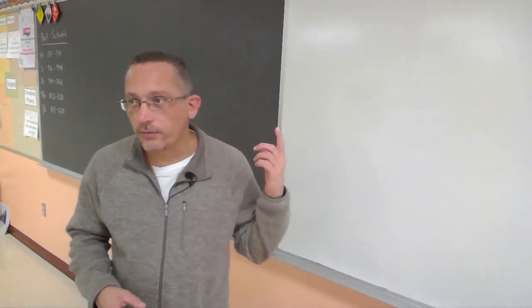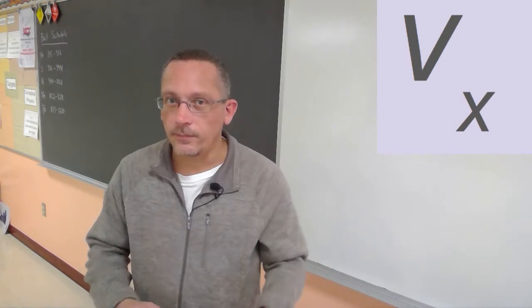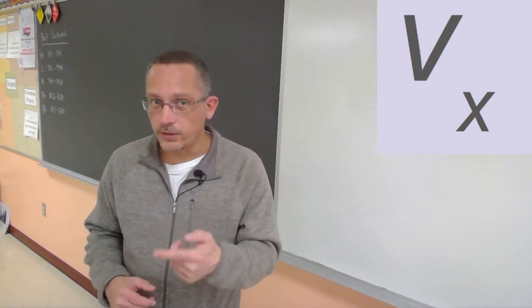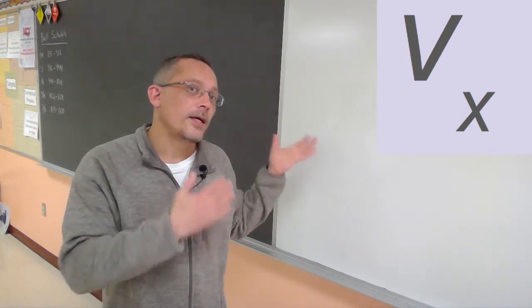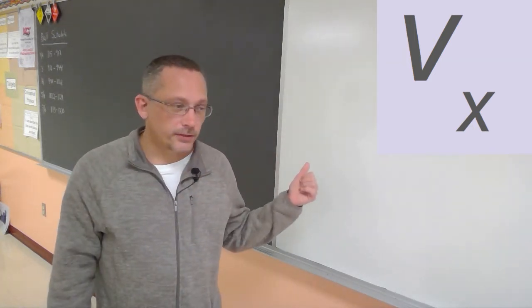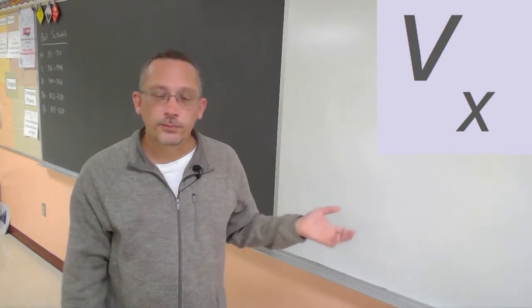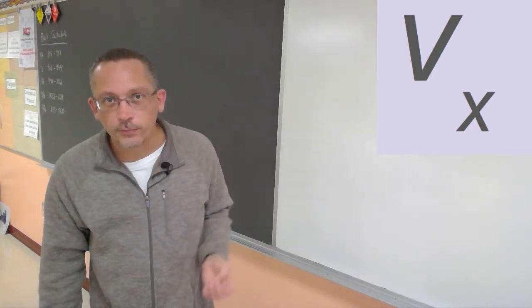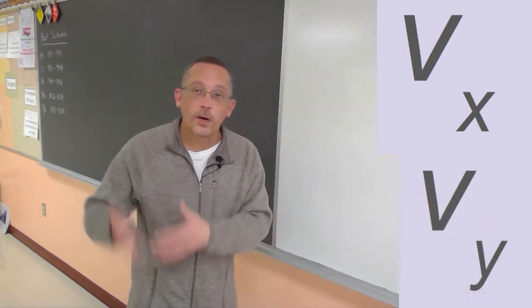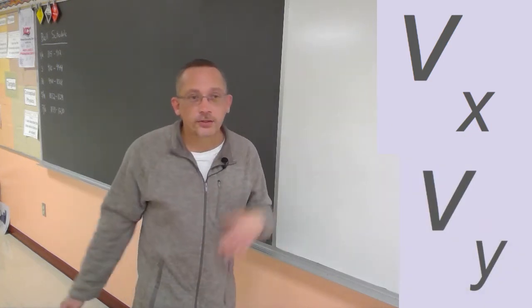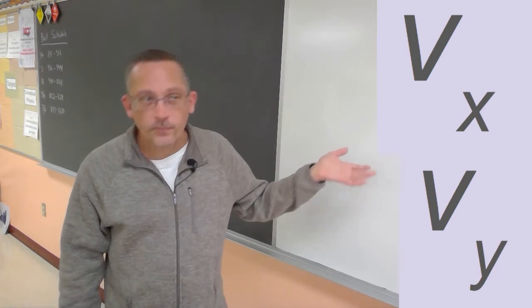For example, if I'm talking about an object's velocity in the horizontal dimension, then I might put a little x next to it. So I might say Vx. You would technically say V sub x, or some people would just say Vx. If we're talking about its velocity in the y direction, the vertical direction, then we could say V sub y, or Vy.